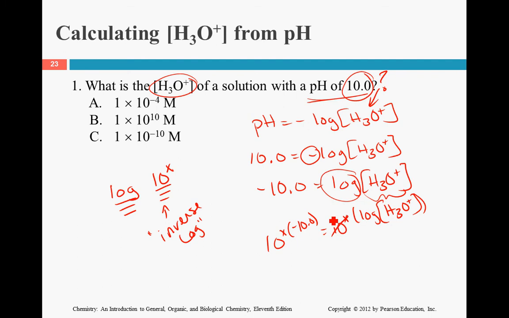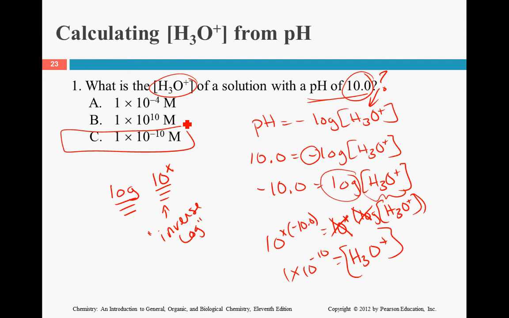The 10 to the x and the log cancel out, so that gives us just H3O plus on the right hand side. And when you put 10 to the x of negative 10 into your calculator, you're going to come up with 1 times 10 to the negative 10. And here's our answer right here, C.